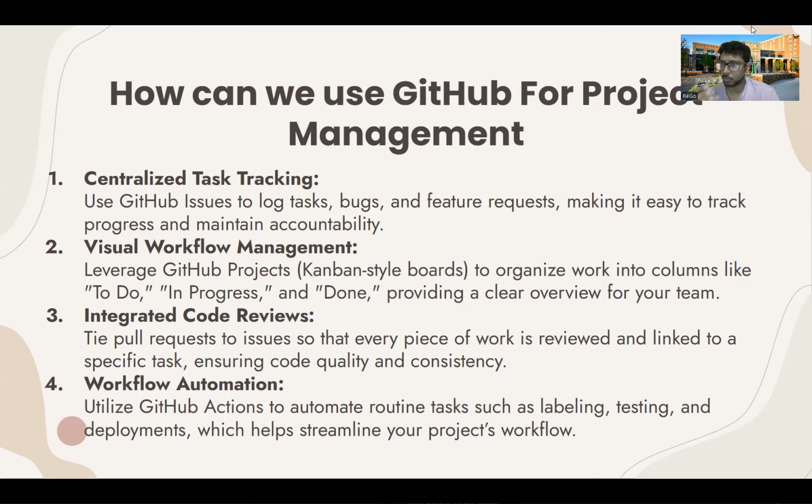Once you make a commit locally, you push it to your cloud. Once you push it, it's usually in a feature branch. You need to merge it into the main branch. So in order to merge your code with the code your friend is working on, you create a pull request. That's how we collaborate.